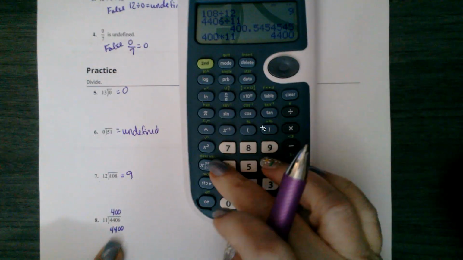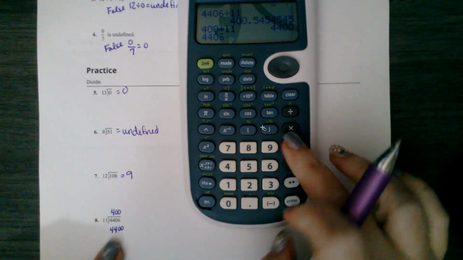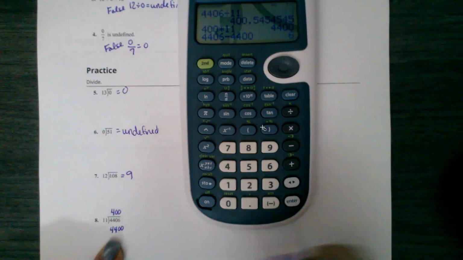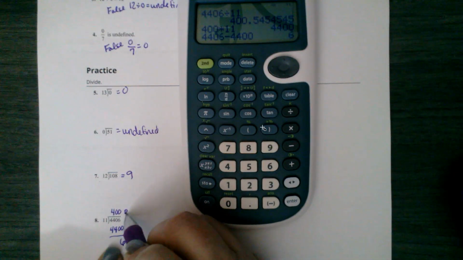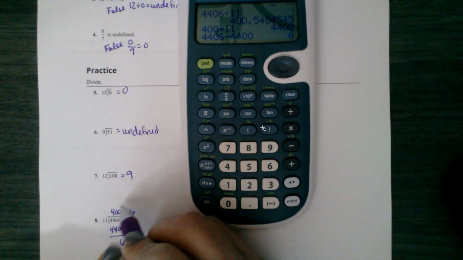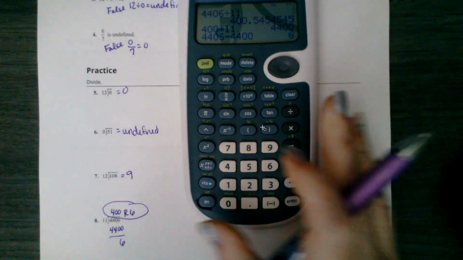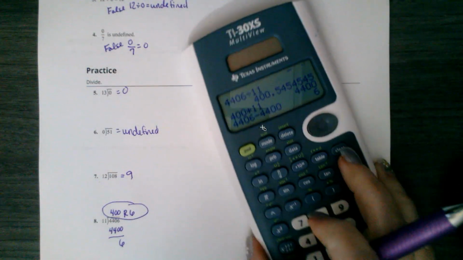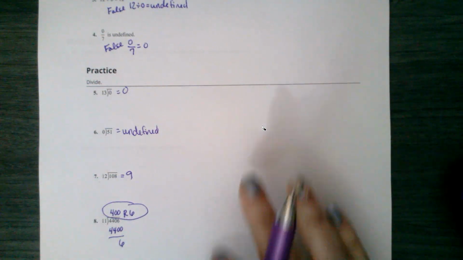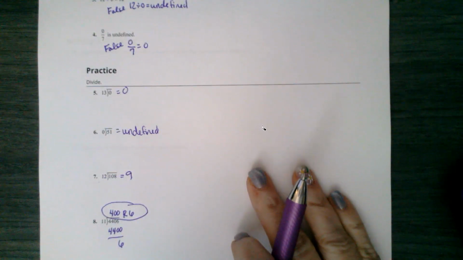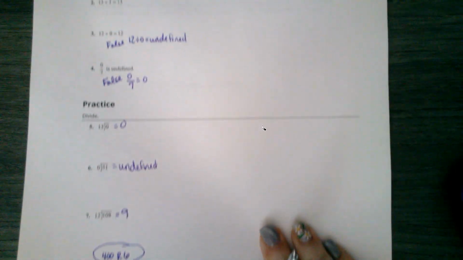And I subtract 4406 minus 4400, and I get 6. So it's a remainder of 6. And that's it.